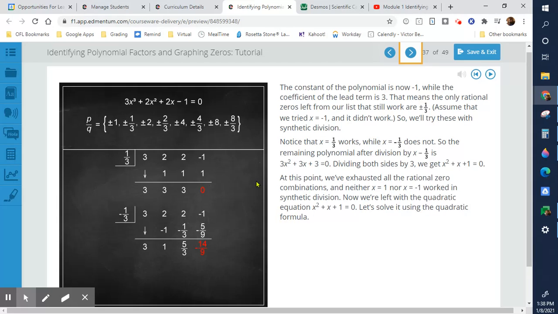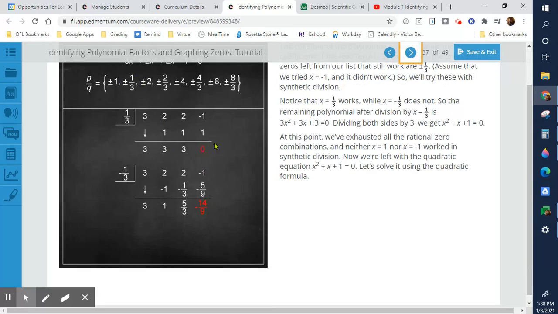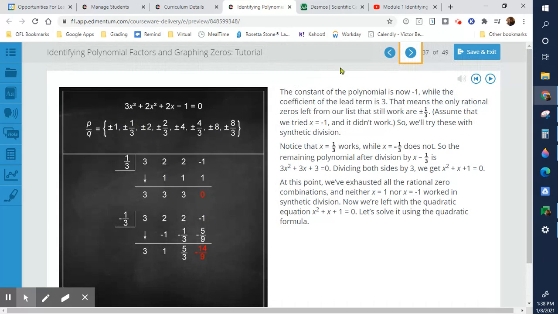And like I said, you don't have to try all of them because if this has power 3, degree 3, that means there should only be 3 answers. So why they tried the negative version, I don't know. It's a little weird to me. Oh wait, 3. Yeah, it should only be 3 answers. So, well, let's get going.